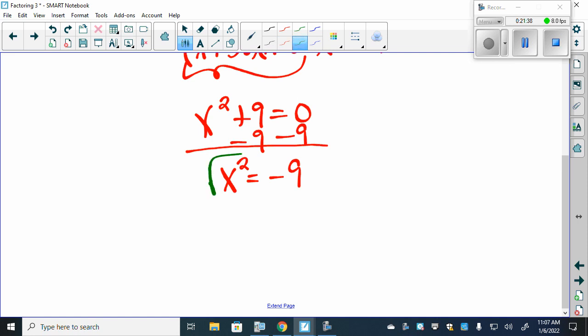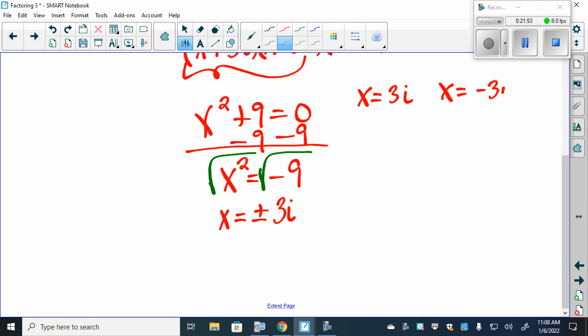From there we would square root both sides, telling us x is equal to plus or minus 3i. Then we would set x equal to 3i and x equal to negative 3i. So here we would subtract 3i from both sides, really getting it back equal to 0.